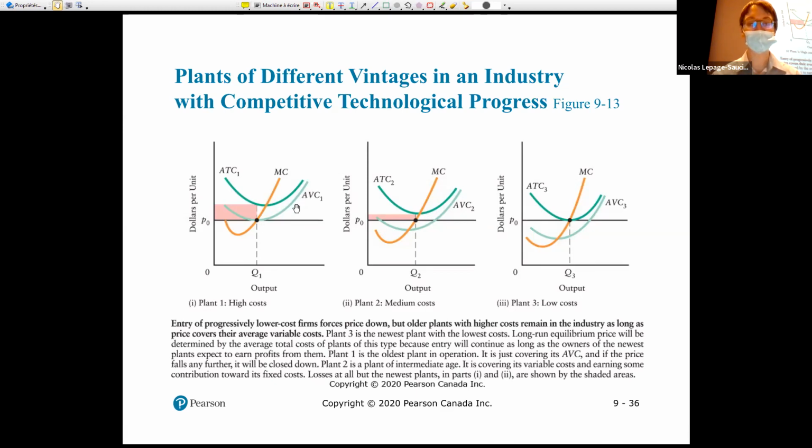That one is on the brink of not producing because at marginal cost equals price, you see that it's just the minimum of the average variable cost. So that firm could eventually even just not produce at all. That one actually does make up some of its losses, but still it's making losses, and eventually it's going to close down. And that's the newer firm with the lowest of the average total costs.